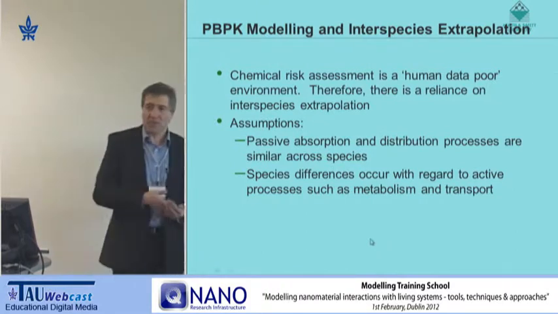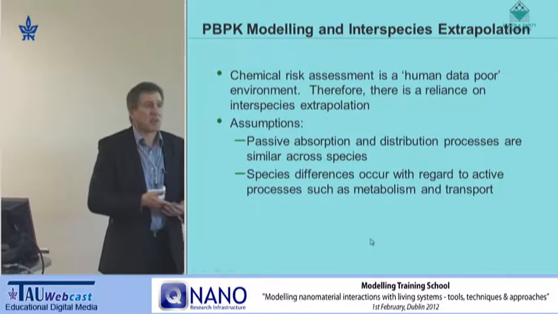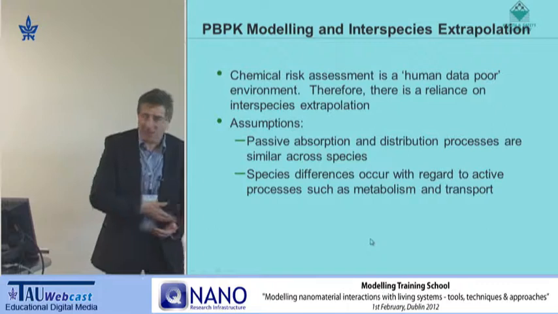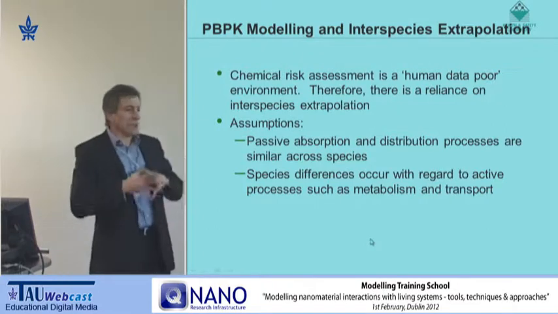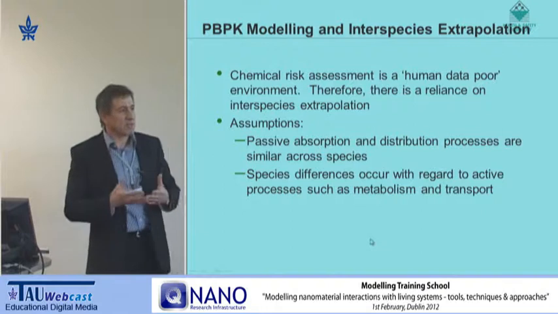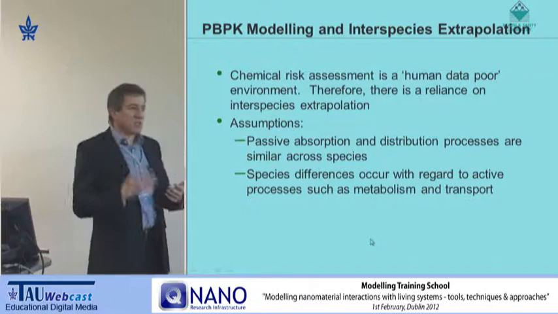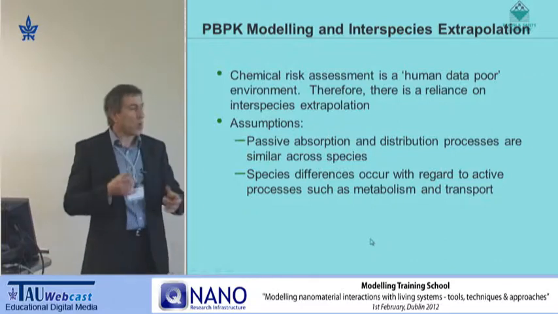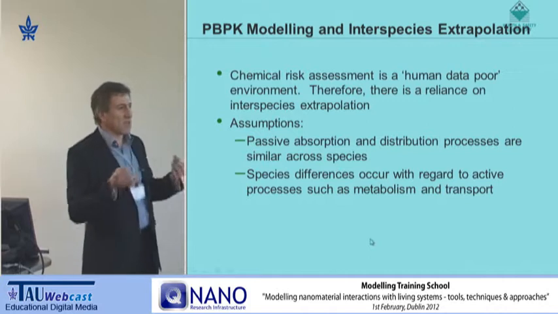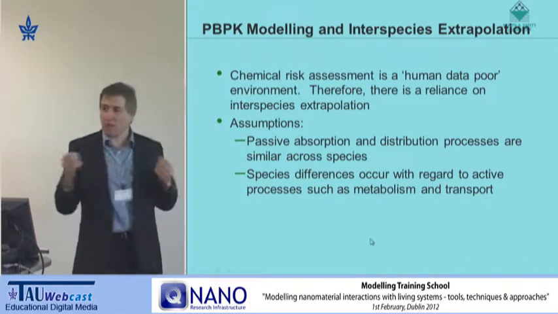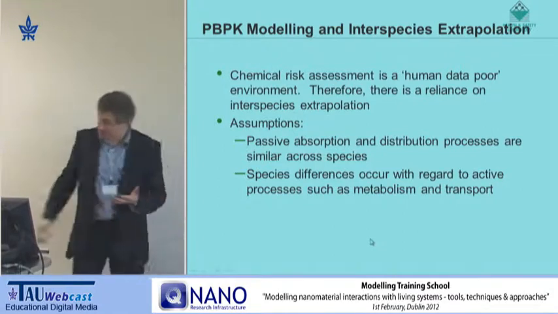Logically, a substance that is soluble in the fat compartment is very likely to have very similar solubility in rat fat as it does with human fat. The differences come when you look at active processes, enzyme activity, proteins and transporters in the gut that require energy. Those are where we see differences between species. And if we can measure them, we can incorporate them into our model, and we can accommodate and do a very good interspecies extrapolation.